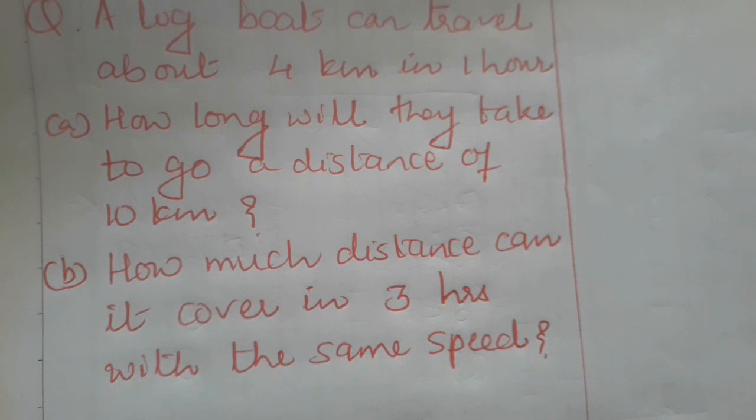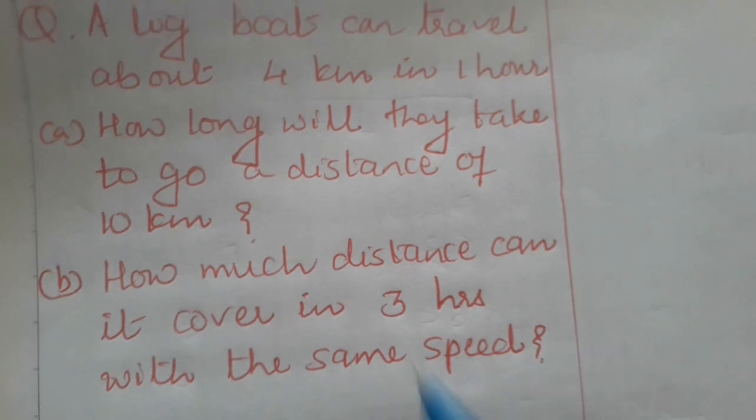If the sea is rough with very high tides and a strong wind, then these fishermen have a very difficult time. These log boats do not go very far. If the wind is helpful, then they can travel about 4 kilometers in 1 hour. Okay, now let's try this question.